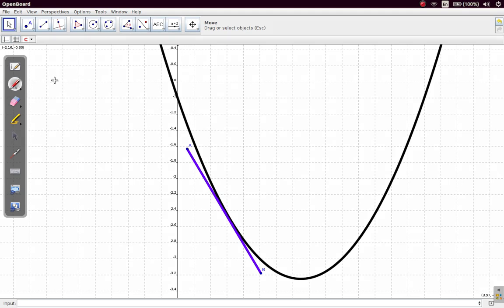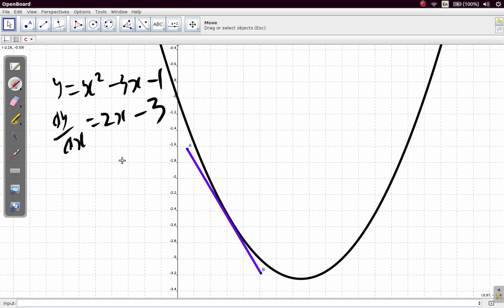You can say this is y equals x squared minus 3x minus 1. What you do is differentiate to find the gradient function, which is the derivative. dy by dx is equal to 2x minus 3.